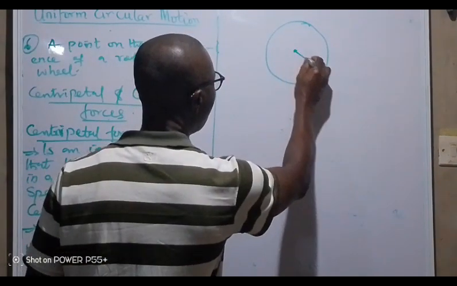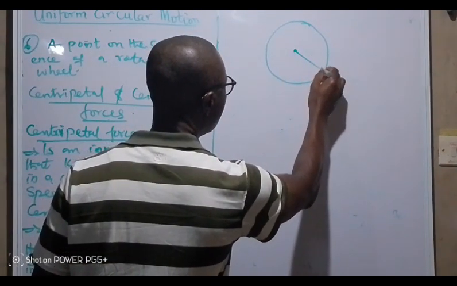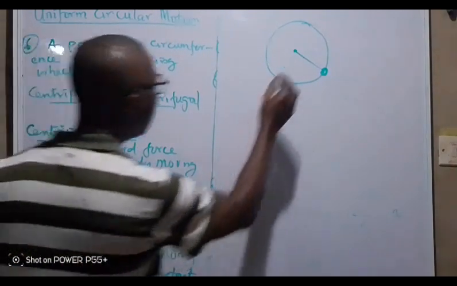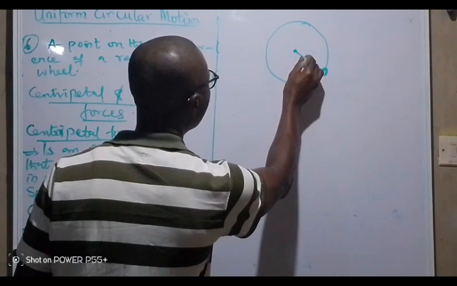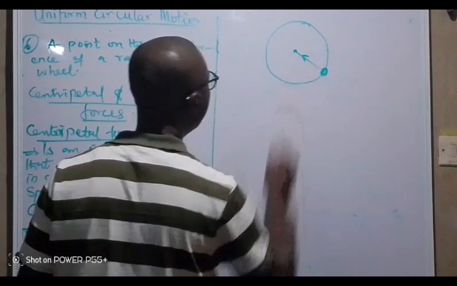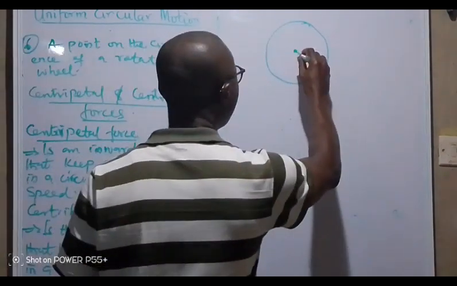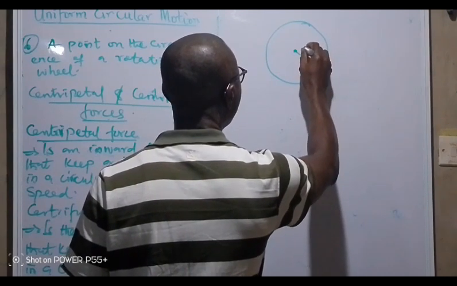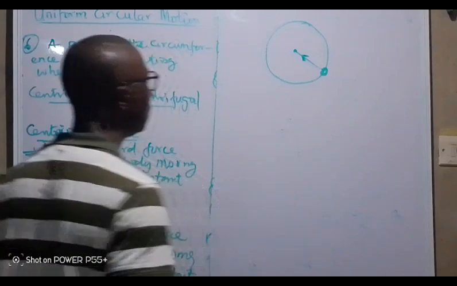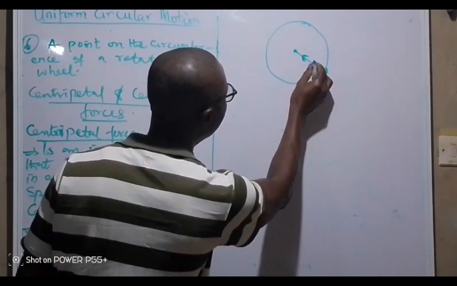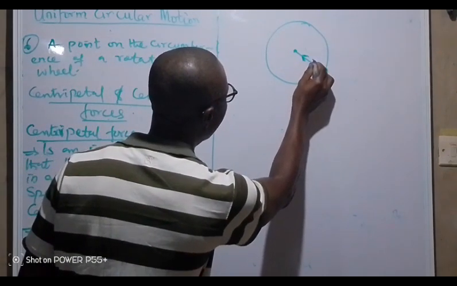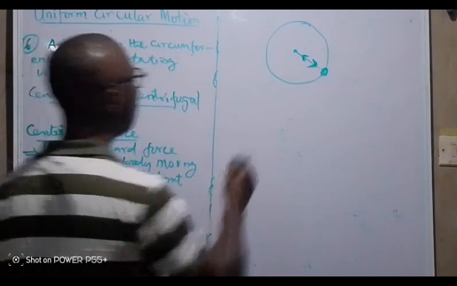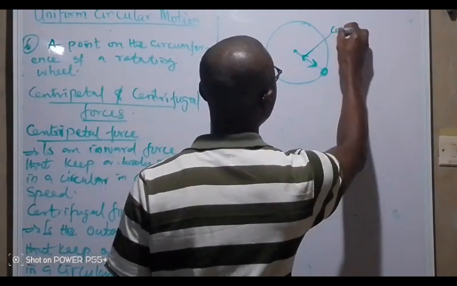When there's a body moving in this circular path, the inward force that will pull this object toward the center is what we call centripetal force. And there must be another one that pushes the body outward from the center, by this arrow now.